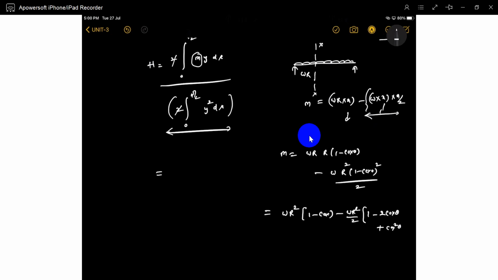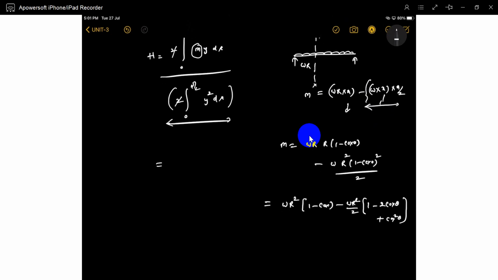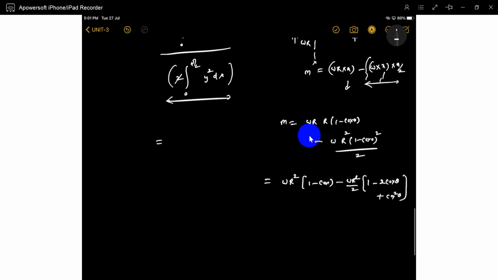Okay, that's it. 1 plus cos square theta minus 2 cos theta. So we will rearrange it.